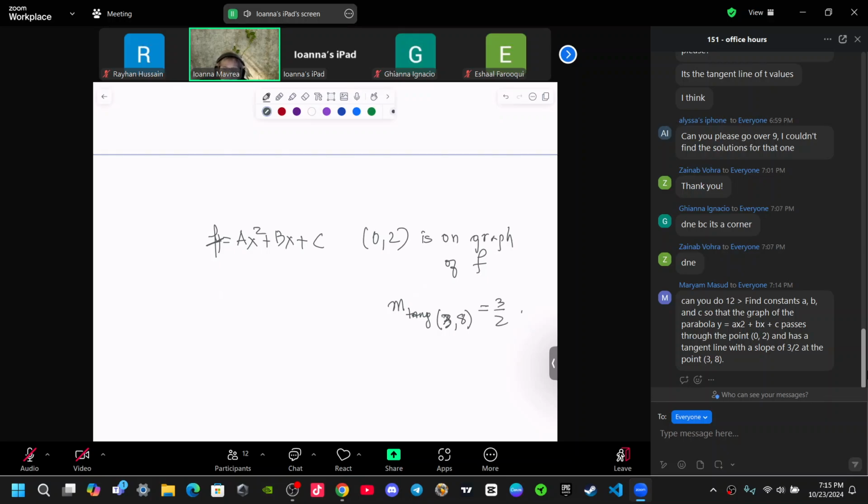Okay. So I need to have at least 3 pieces of information because I have 3 unknowns. I have 3 pieces of information, and I need to create at least 3 equations that involve a, b, c, so I can solve. Well, I can find c immediately. Why do I know what c is? By looking at this.